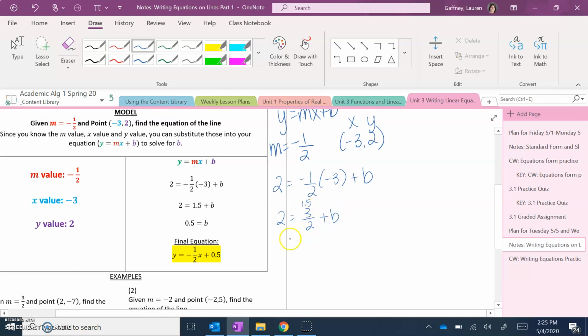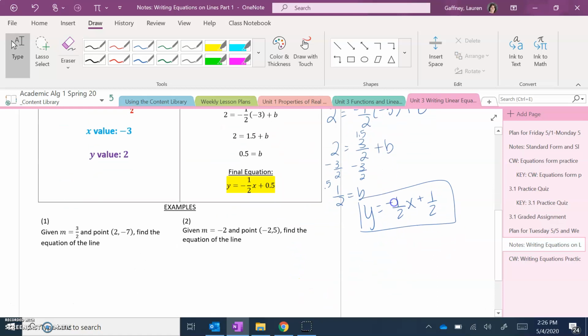So to get b by itself, we would need to subtract that to the other side. Once again, if you do the 3/2 or the 1.5, it doesn't matter. So what's left then is 1/2, or 0.5 if you want to do the decimal. So that's our b value. So now your final answer, all you fill in is the m and the b. So y equals -1/2 x plus 1/2. Or you could totally make the b 0.5. It doesn't matter to me.